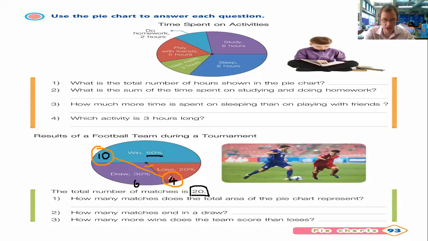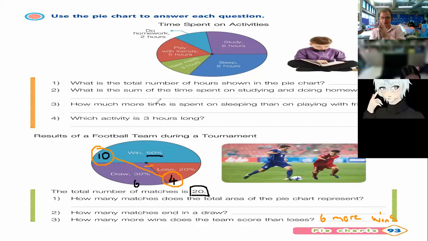And then we will have 6 more wins. So we can say in our answer, 6 more wins than losses. Do you guys understand the question? Do you understand my answer? I hope so. I think we're going to do one more page, and then I want to show you a practical example of how we use pie charts in our daily lives. Okay.